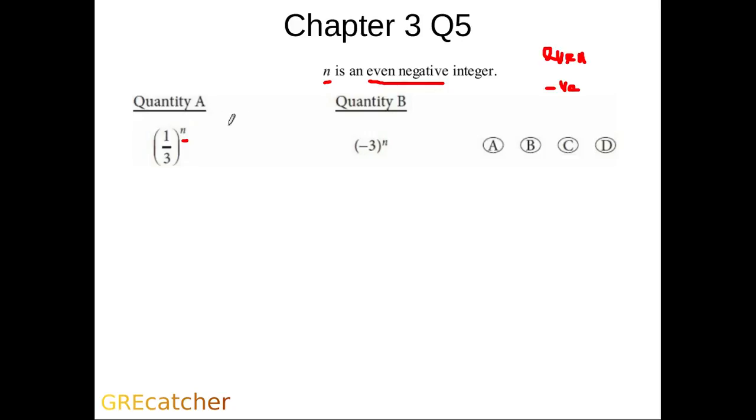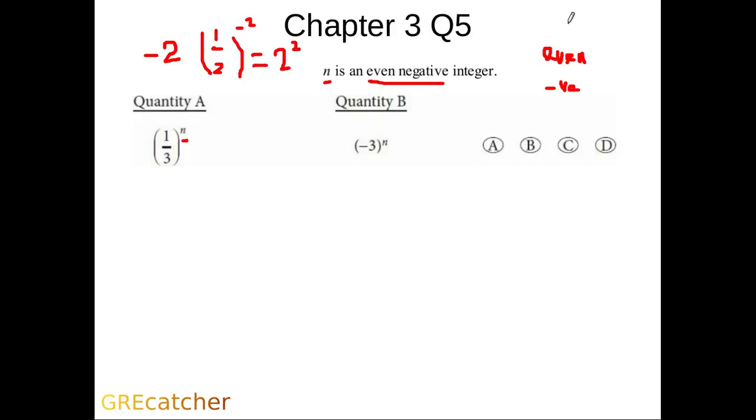So let's choose an even negative integer. I will say negative 2, the simplest one. Okay, let's substitute here. I also want to stress something. If you have (1/3) or (1/2) all raised to the power of negative 2, it's the same as 2 raised to the power of 2.